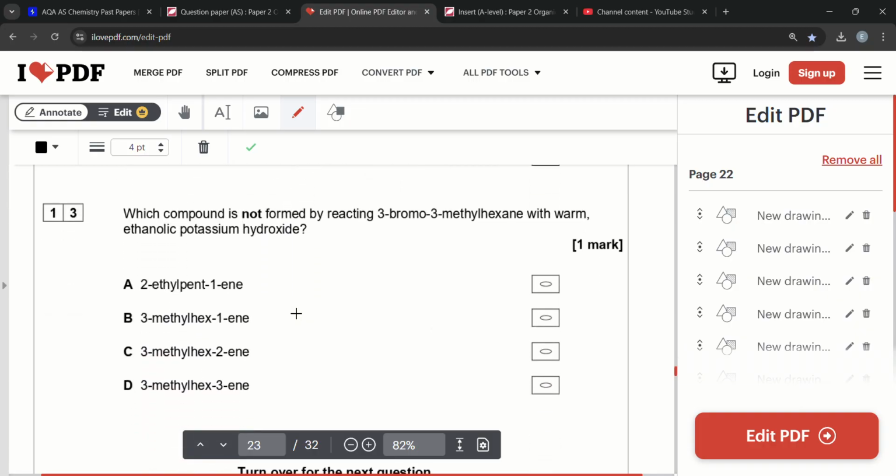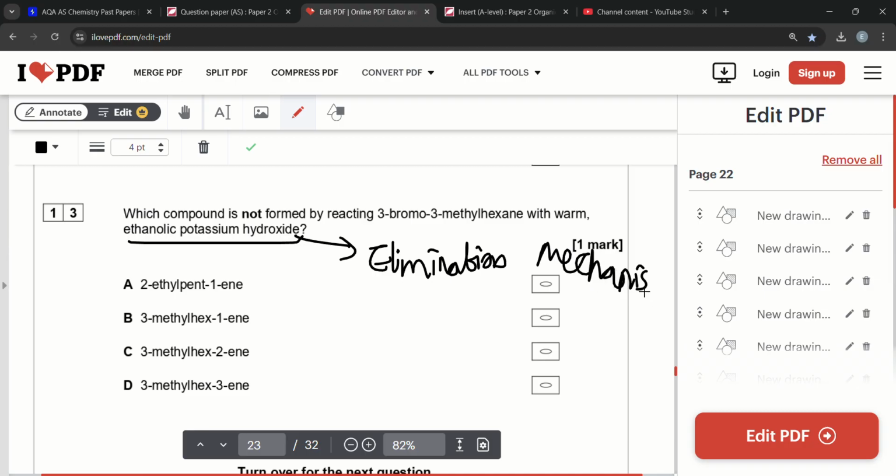Which compound is not formed by reacting 3-bromo-3-methylhexane with warm ethanolic potassium hydroxide? Warm ethanolic potassium hydroxide tells me it's elimination. This is a lot harder than I thought, because I was hoping one of them was an alcohol, which couldn't be formed by elimination.